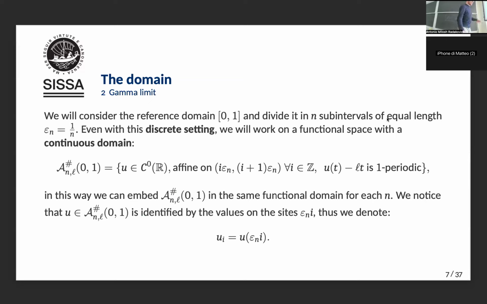However, it will be useful to define a functional setting that is going to comprehend each of those discrete domains. So to achieve this kind of embedding, it's useful to define some kind of different functional space.